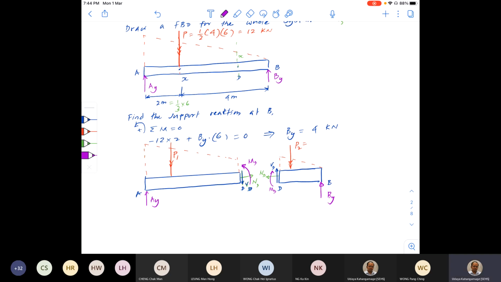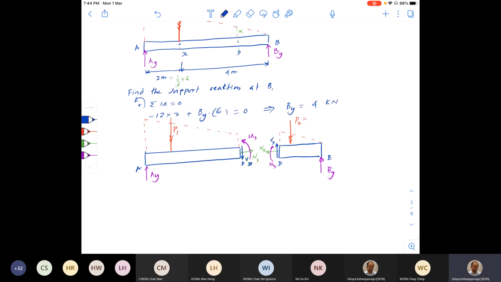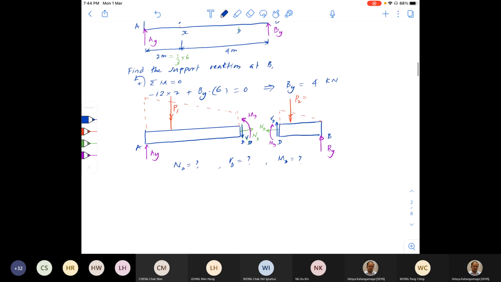Okay, so now two free body diagrams are complete. Our target is to find out ND, MD, and VD. So let's find out what this ND is, and also VD and MD. Okay. So I'm going to concentrate on the free body diagram of DB. So this is my focus now.